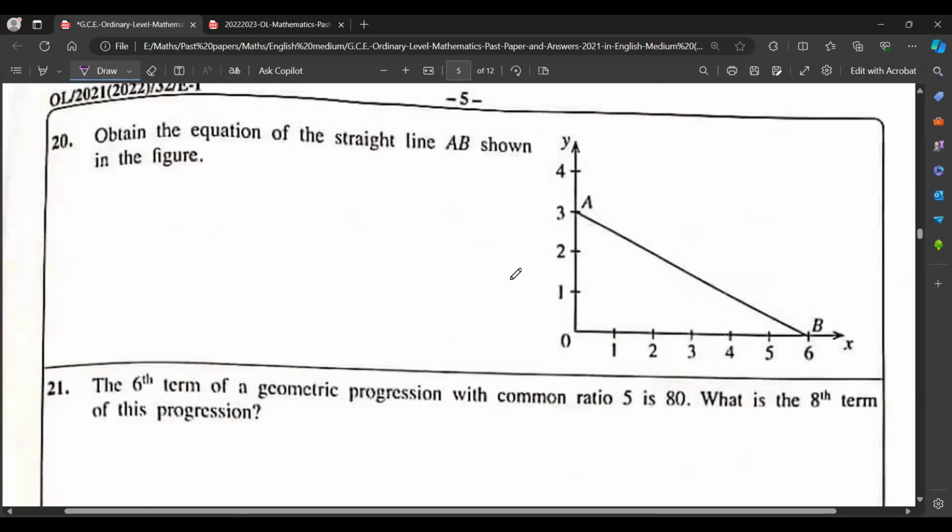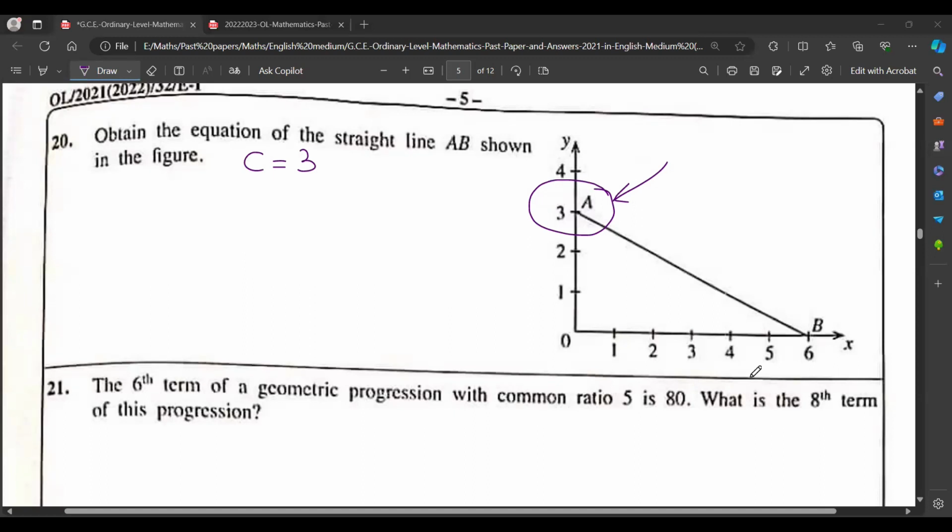Obtain the equation of this line AB. First of all, you can easily identify the intersect point. The intercept of the Y axis should be the intersection, C should be 3. That's the easiest way.